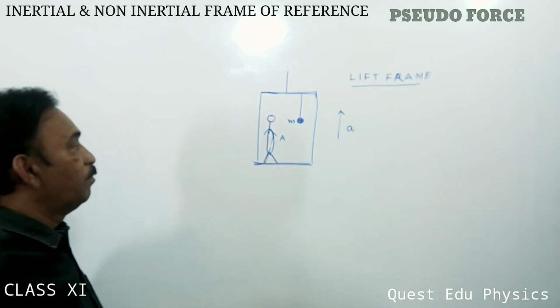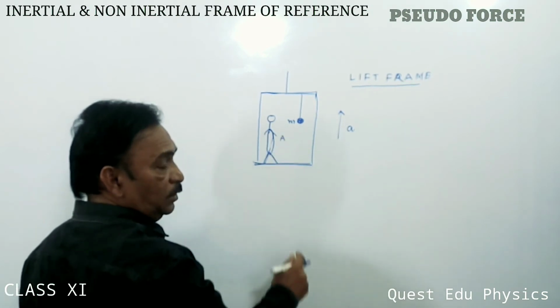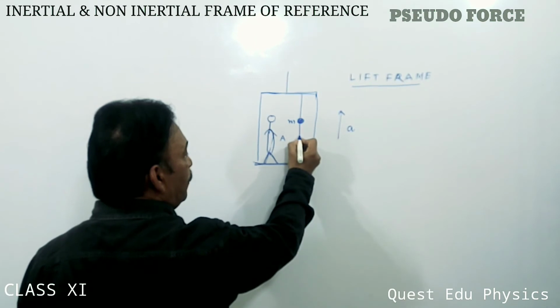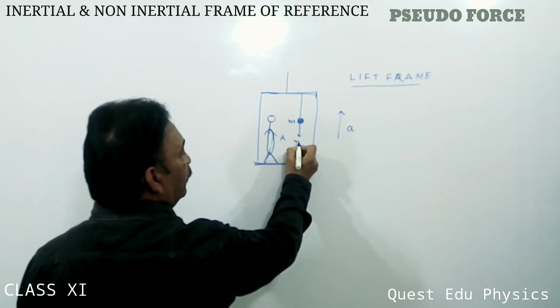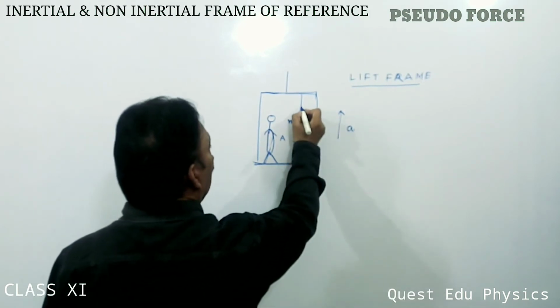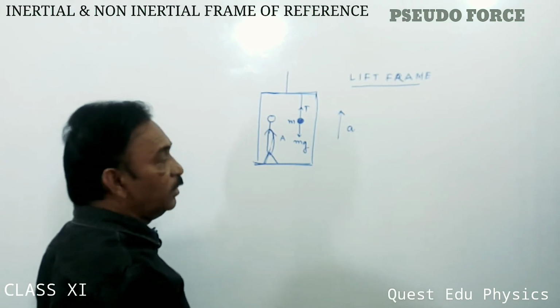Okay, students, this person is observing the mass and we are drawing the free body diagram of this. Here weight will act vertically downwards and there is tension in the string.